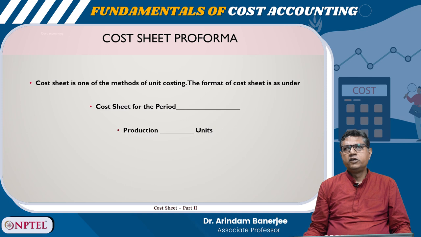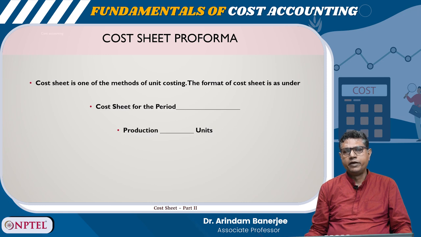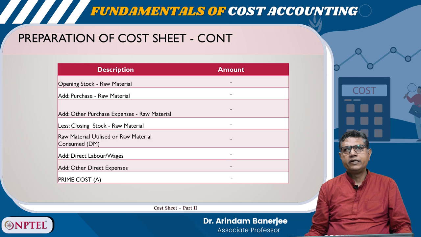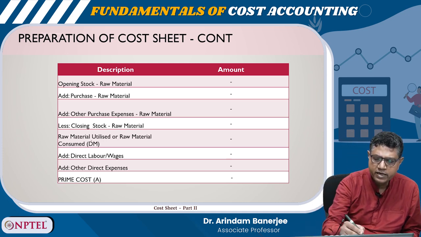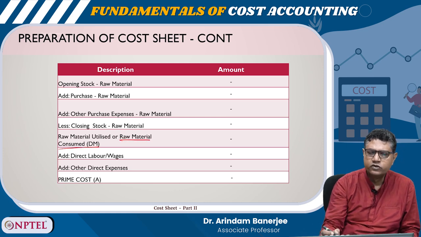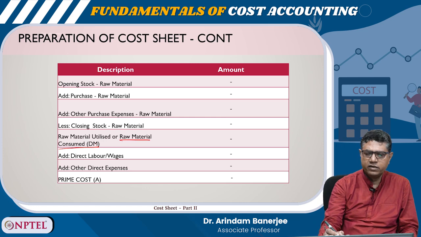So this is the general cost sheet pro forma. It is used for calculating the cost per unit. So how does it happen? I need to calculate first the material consumed. What is the formula for material consumed?